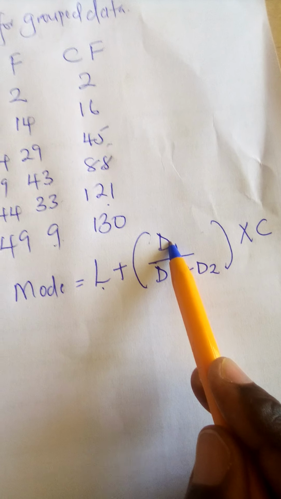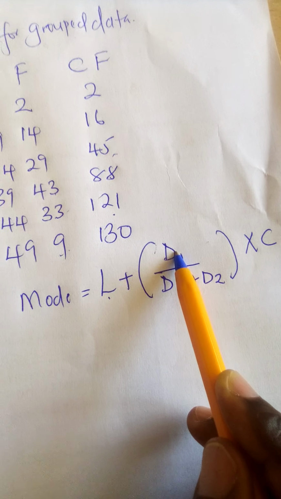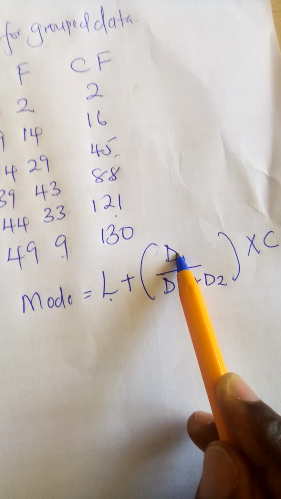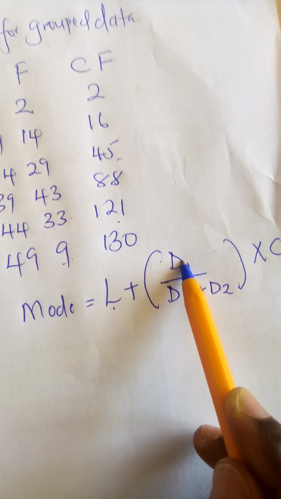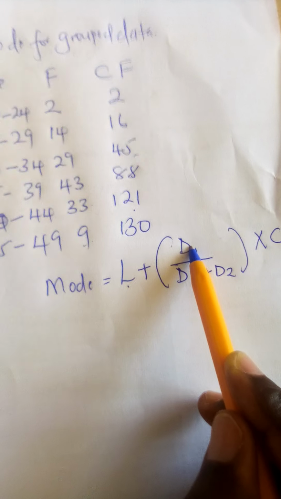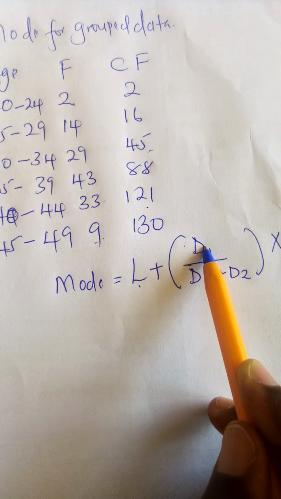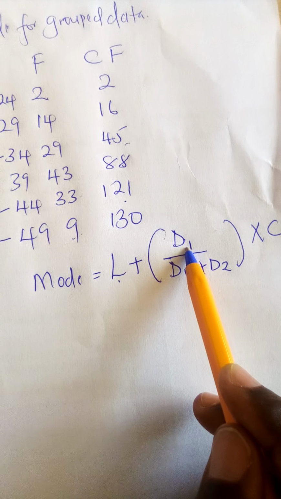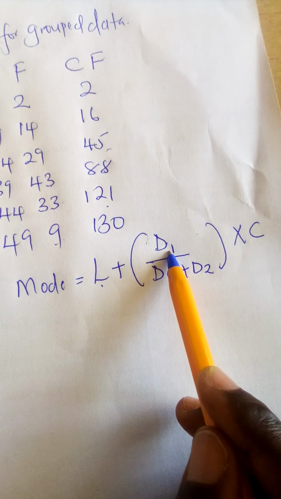The D1 will denote the difference between the largest frequency, or the modal frequency, and the frequency immediately preceding it. The D2 is the difference between the largest frequency, or the modal frequency, and the frequency immediately following it.